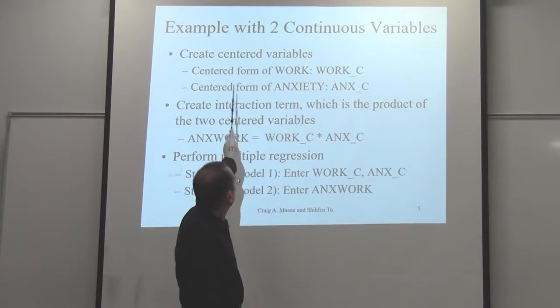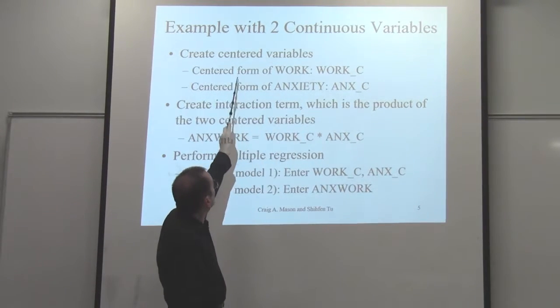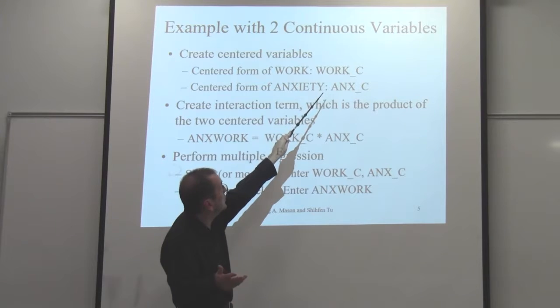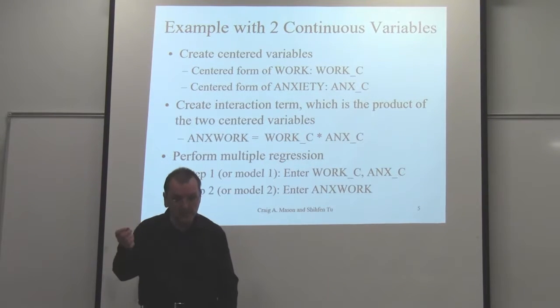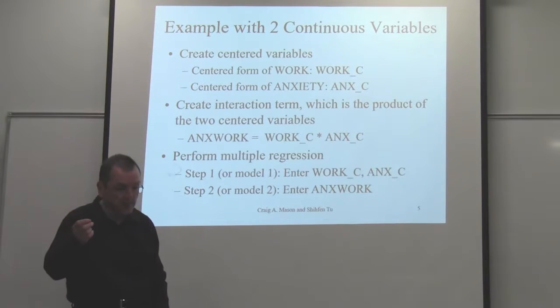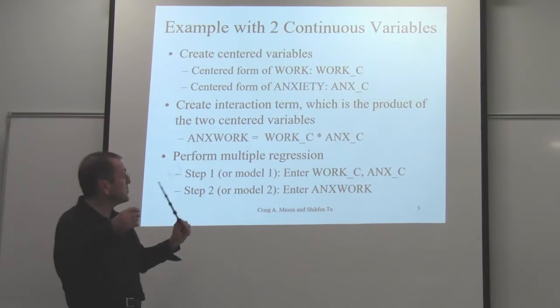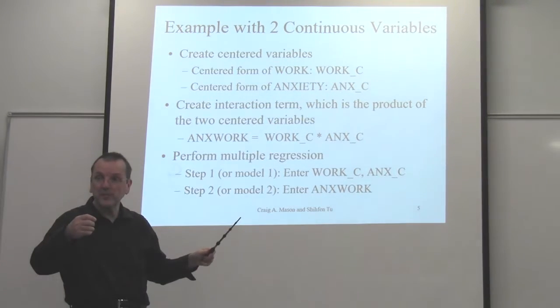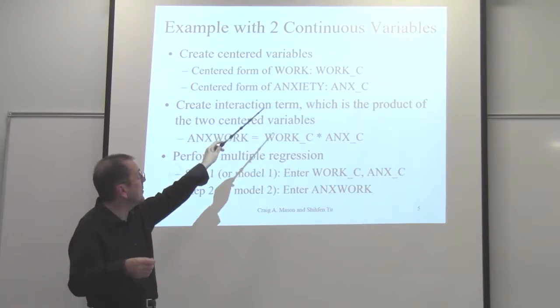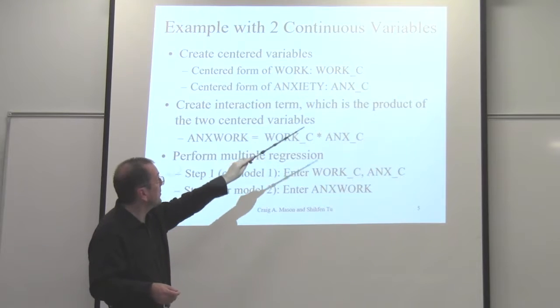If we are going to center them, we have to make new variables, work_C and anxiety_C, for the new centered variables. For each of them we just subtract the average. That's all we do for centering. Subtract the average from work to make the new variables.